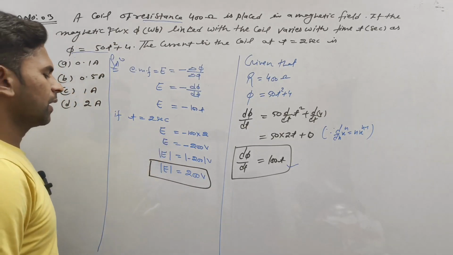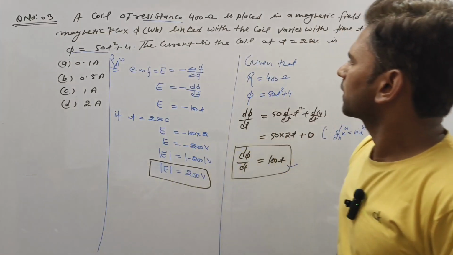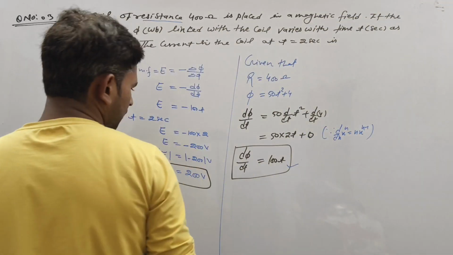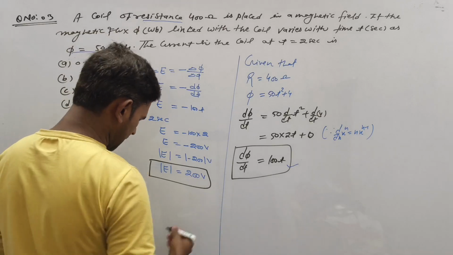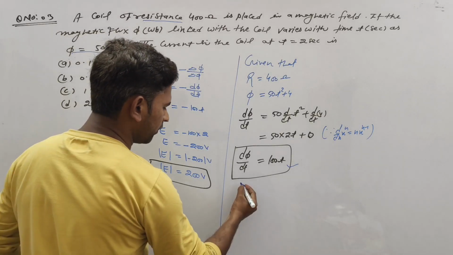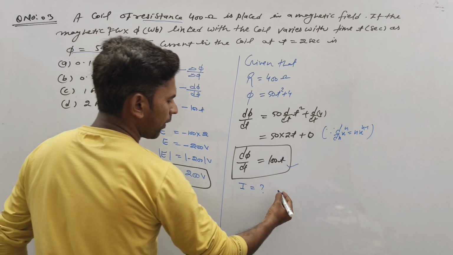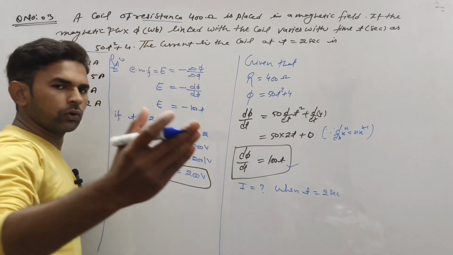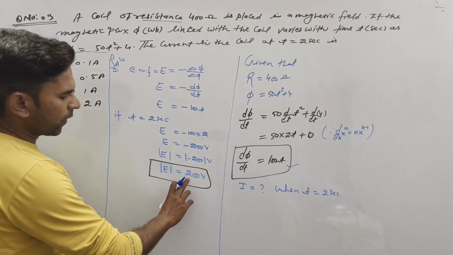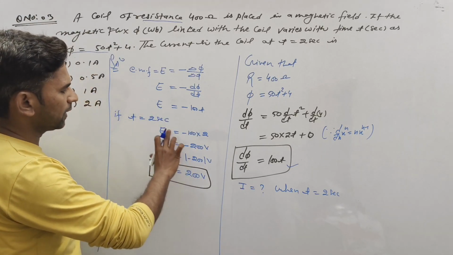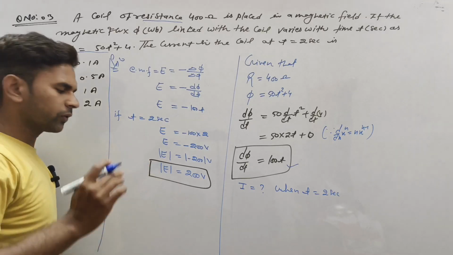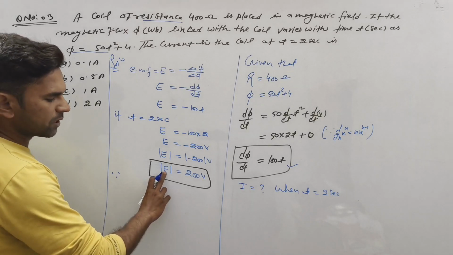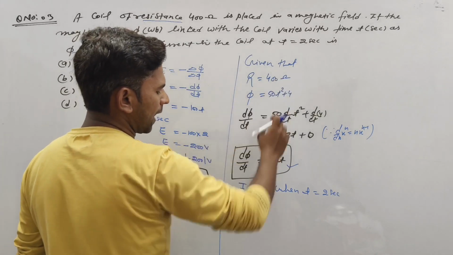But what they are asking is the value of current at t is equal to 2 seconds. You know the value of induced EMF when t is equal to 2 seconds, and you know the relation between induced EMF, resistance and current.